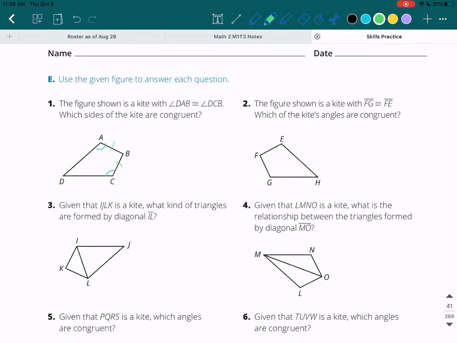I know I just gave you the answer, but this is our example problem. AB is congruent to BC. So those two are going to be congruent. And then also AD and DC, or CD, however you want to say it.